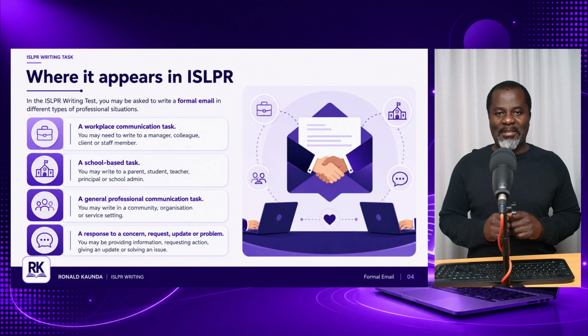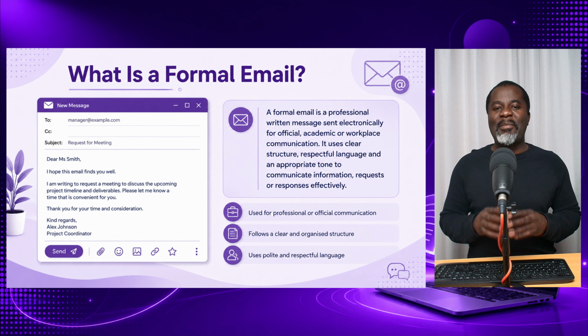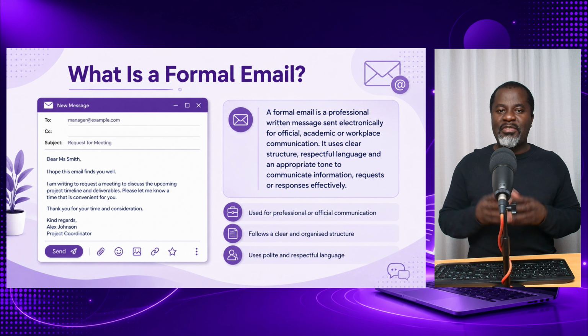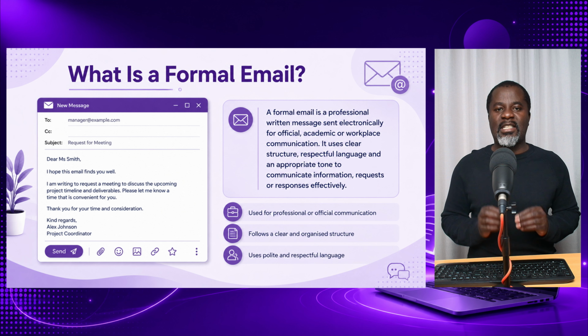Therefore, let's begin. What is a formal email? A formal email is a professional electronic message. It is shorter and more direct than a formal letter, but it still needs to be respectful, organized, and complete.